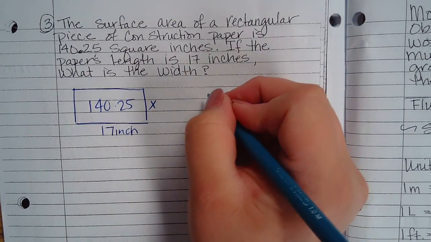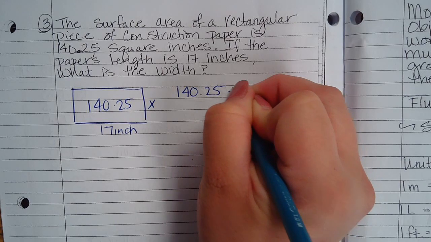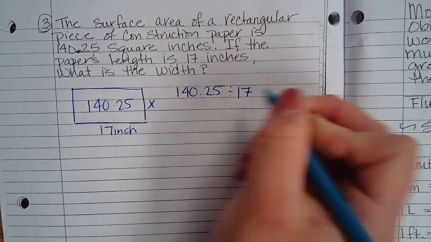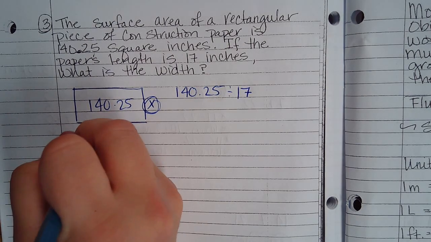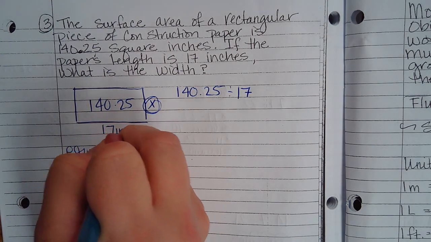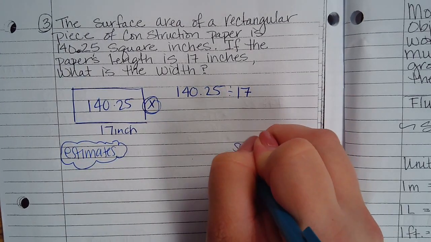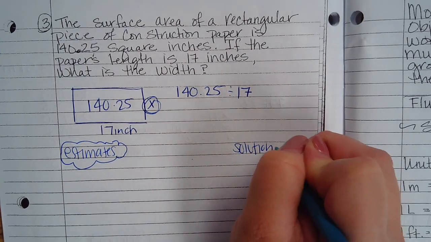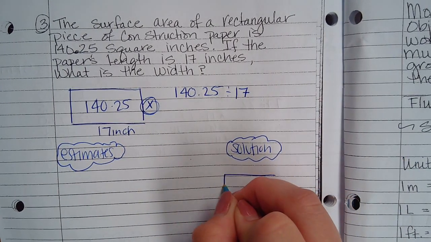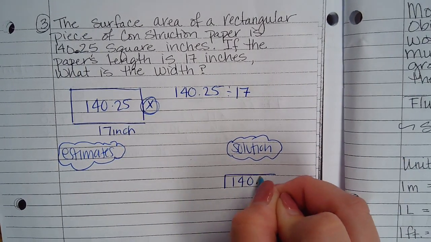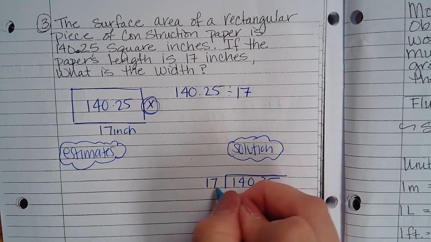So what we're going to have to do is divide 140.25 by 17 to find x. Over here I'll write my estimates, and I'll write my solution. Let's draw the standard algorithm: 140.25 divided by 17.